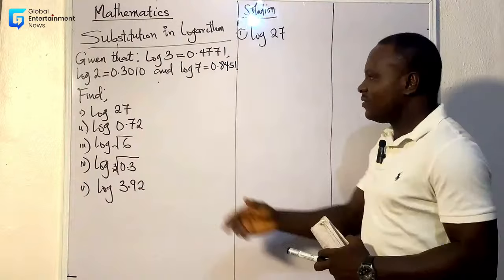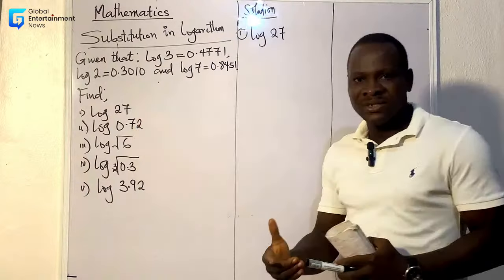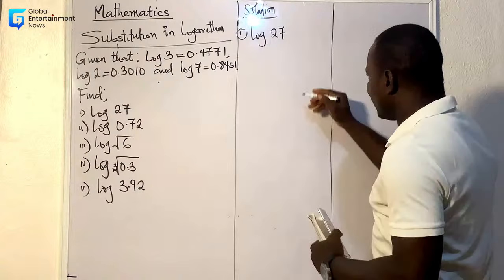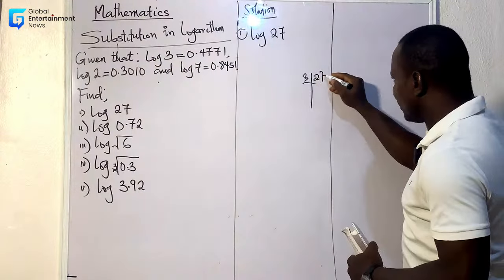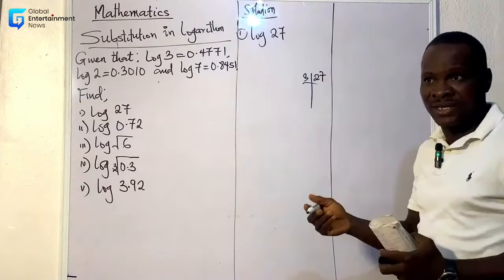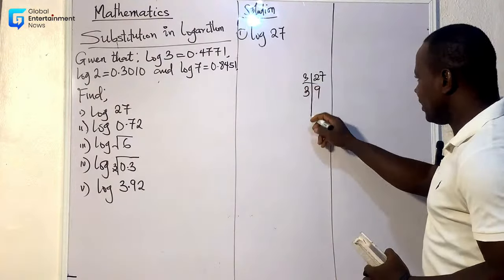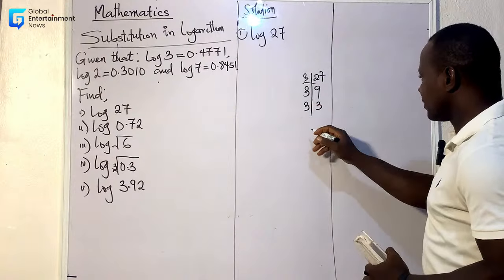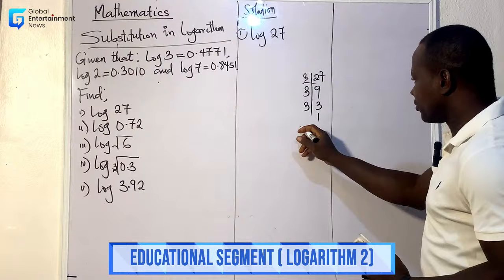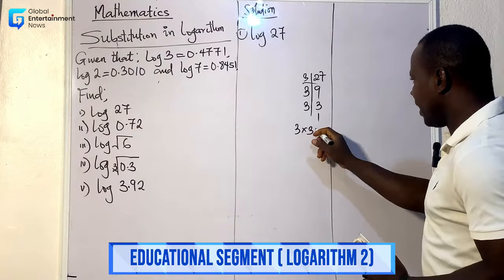If you look at 27, the only multiple of 27 is 3. If you find the LCM of 27, how many 3s can we see in 27? It is 9. 3 can still go. 3 in 9 is 3. 3 can still go. 3 in 3 is 1. So the multiples are 3 times 3 times 3.